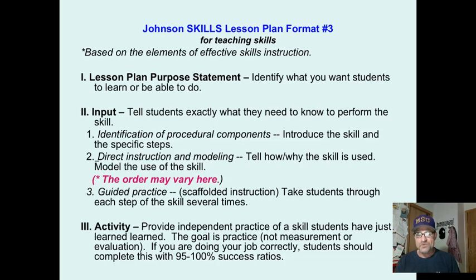And then an activity where they get to practice independently. And if we're a good teacher, students should be able to do the activity with a 95 to 100% success ratio. And this is the same basic element whether I'm teaching a lesson planning skill, teaching a skill in wrestling or music, or teaching math skills or something in the classroom, teaching a new swimming stroke in a swimming lesson. This is the basic skills lesson plan format.